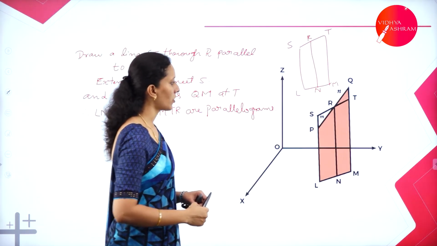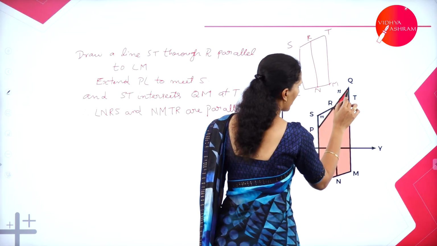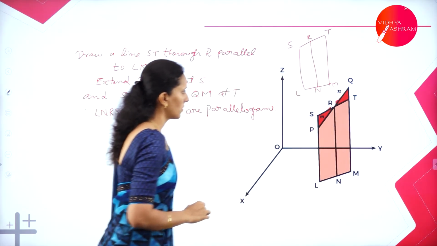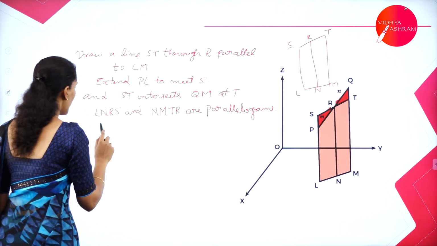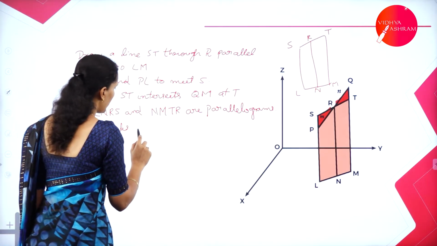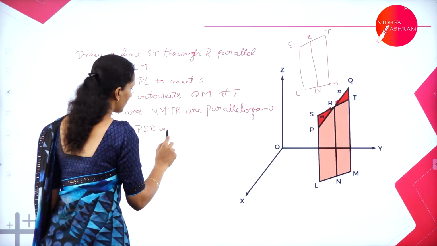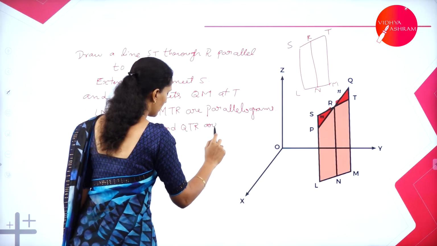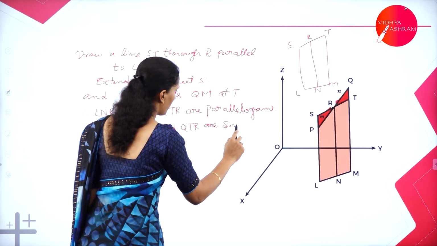Let's see the triangles now. This one and this one. So now triangles PSR and QTR are similar.